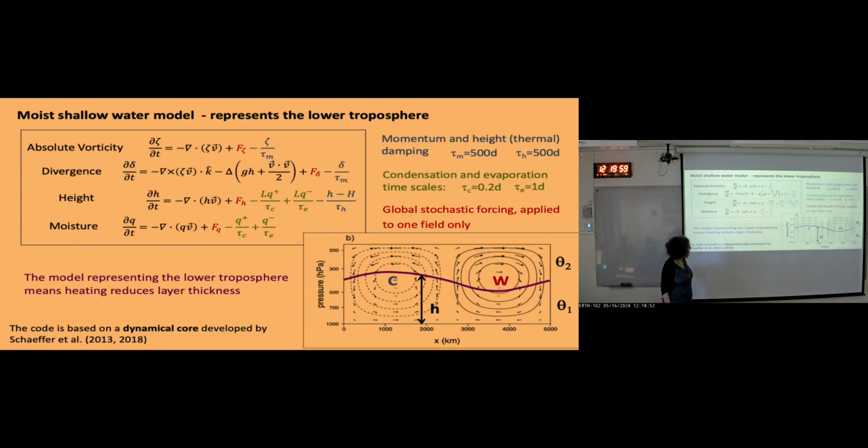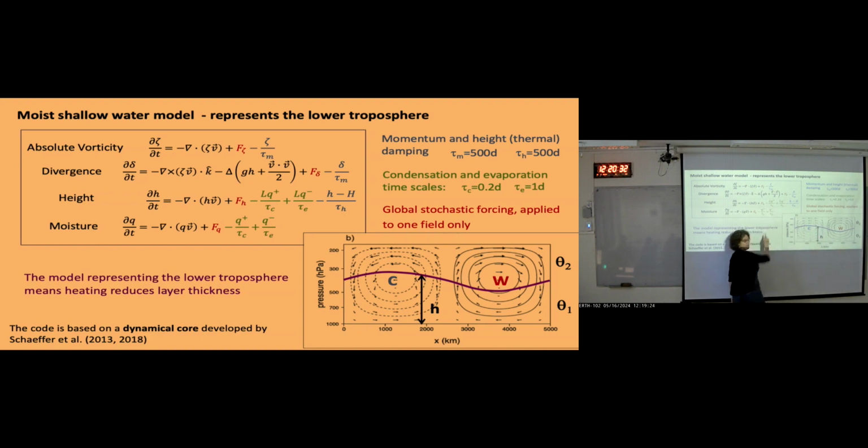So the thought is that most of the moisture is here, and when you have convergence of moisture, you have a condensation, or when you have more moisture than saturation, you condense and release latent heat, and that will actually warm the layer, and so the height will decrease.